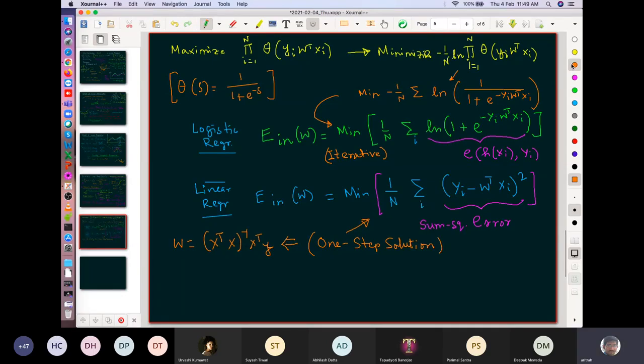So what I mean by iterative solution here, coming back to this, is that I will look into each of the training examples one by one.